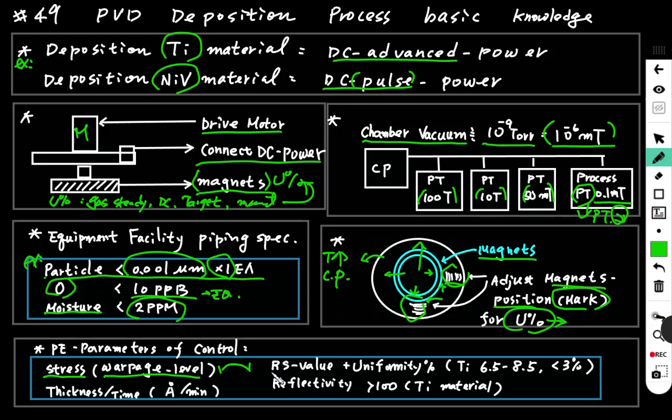And we control the Rs value and its uniformity. The surface resistance value and its uniformity spec. For example, for the Ti material, the Rs value we want to measure to be in the range of 6.5 to 8.5.